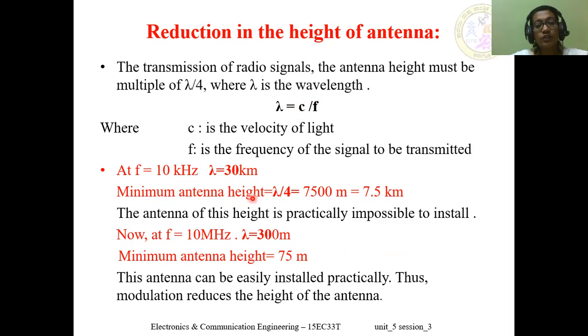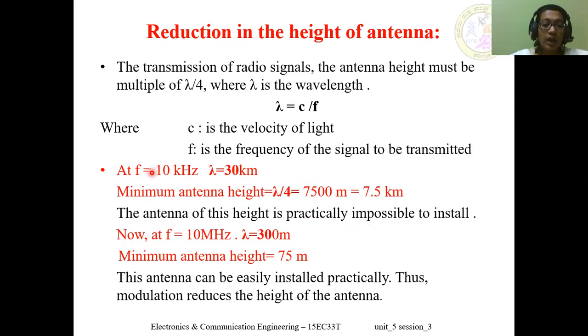The minimum height of the antenna is lambda by 4. If you take this 30 kilometers divided by 4, it becomes 7.5 kilometers. But an antenna of this height is not at all possible to install. This is impractical if we consider a low frequency signal.